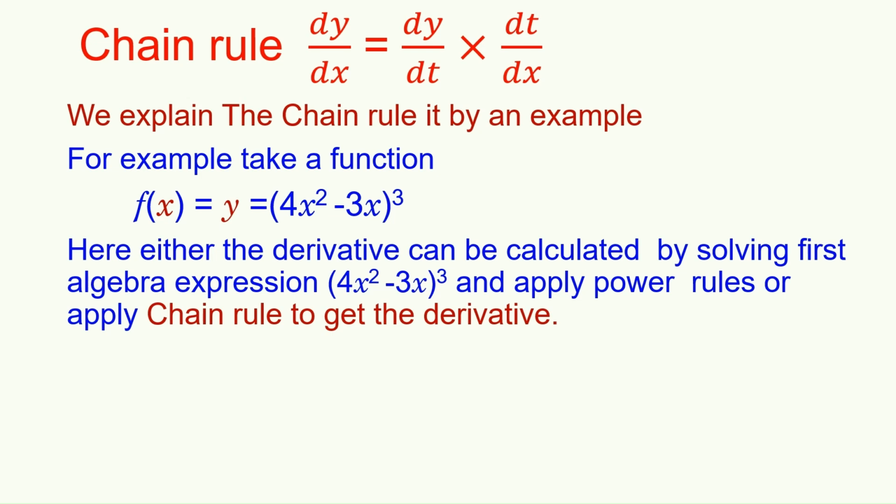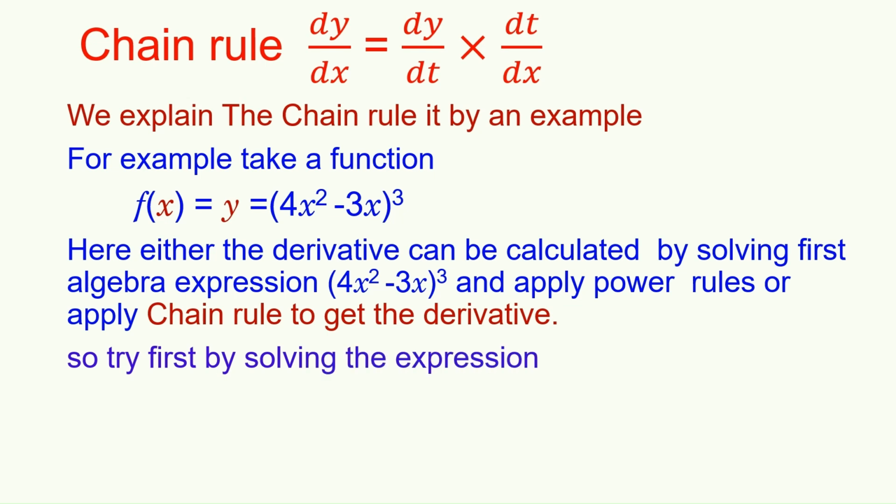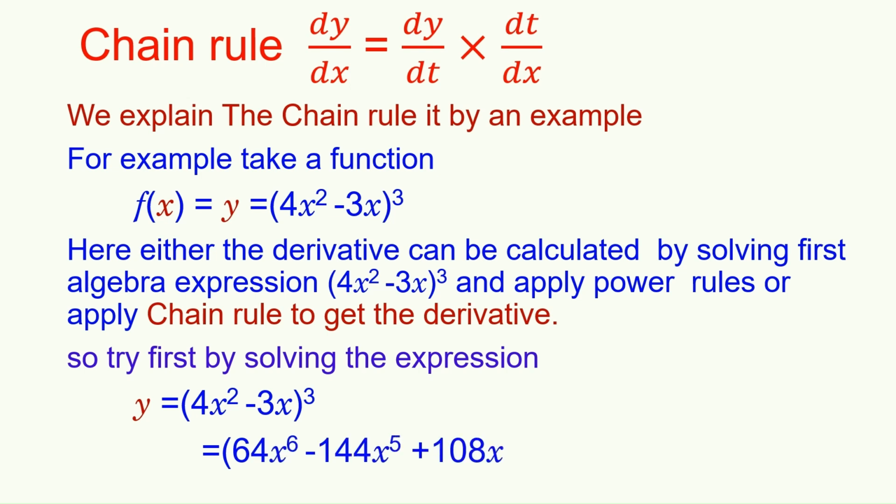So, try first by expanding the expression: y equals (4x squared minus 3x) whole cubed equals 64x to the power of 6 minus 144x to the power of 5 plus 108x to the power of 4 minus 27x to the power of 3.